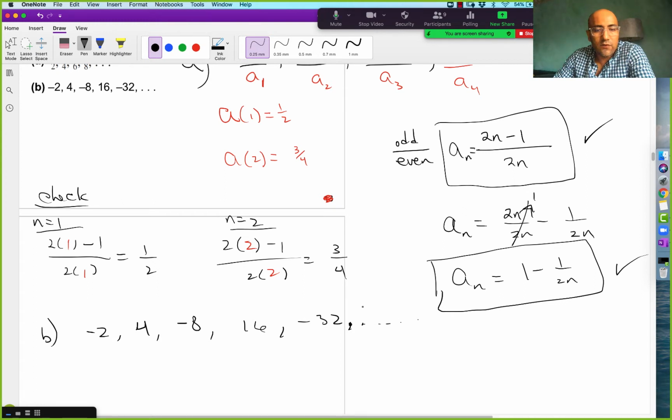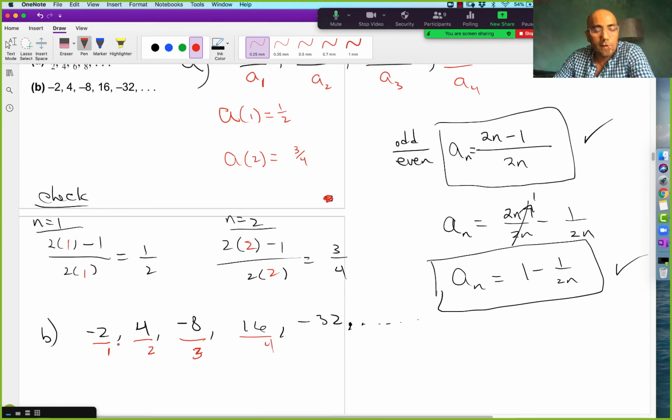Remember, our mission is to find a way to map the fact that there's a 1, the first one on the list, so that I end up with a -2. Then the 2 is the input to my function, such that the formula results in a 4. And then 3 results in a -8, and 4 results in a 16.